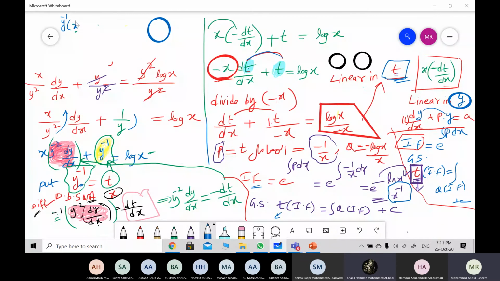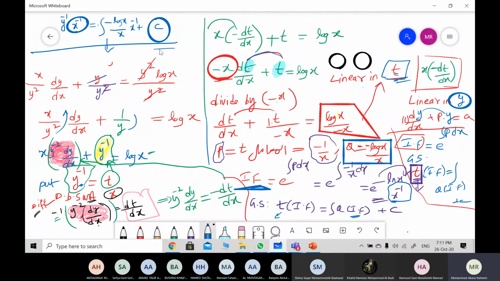Integral of q, and q is minus log x divided by x, with IF x power minus 1, plus c as usual. Now this is the situation. From this we need the integration, and that is the last step.